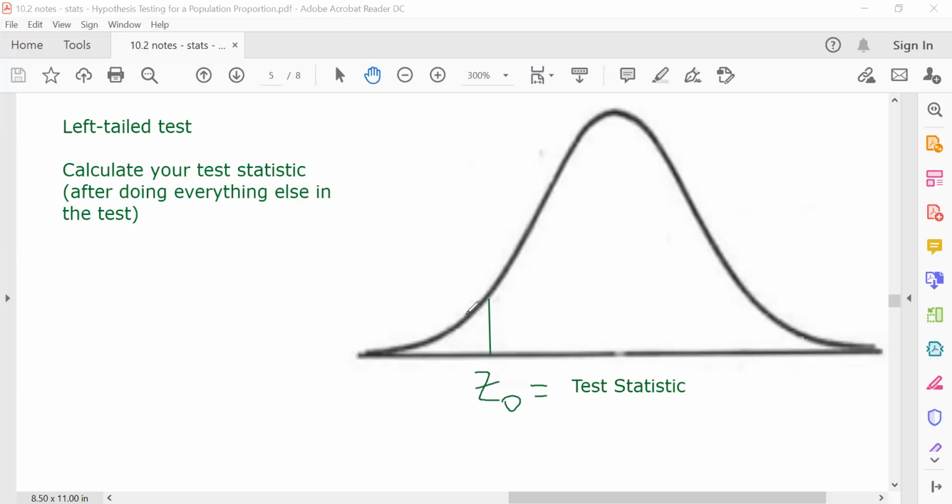On a left-tailed test, the p-value will be the area under the curve to the left of it. In other words, your p-value is the probability of being to the left of your test statistic.